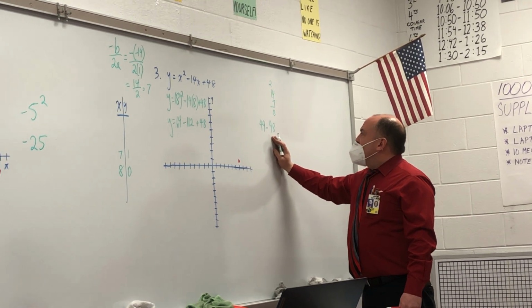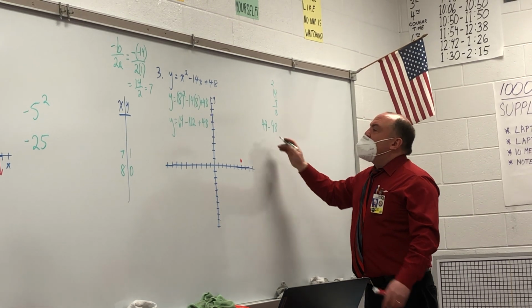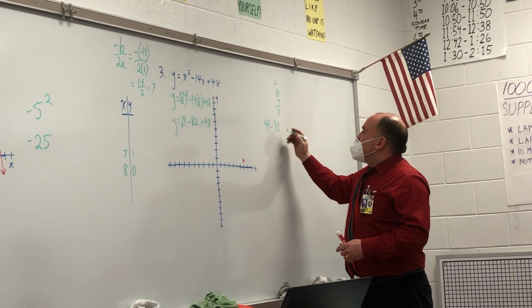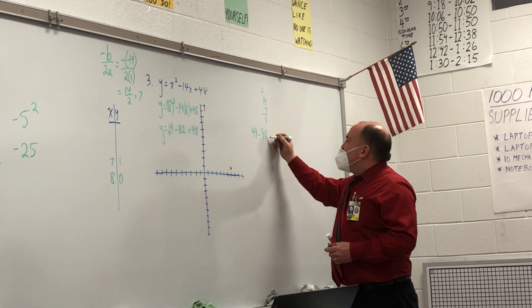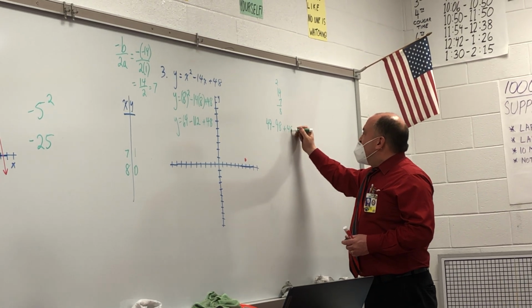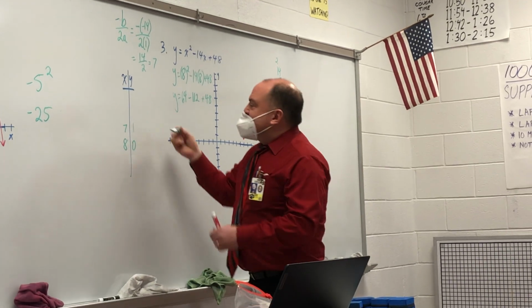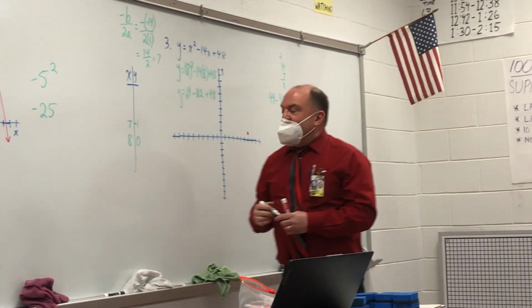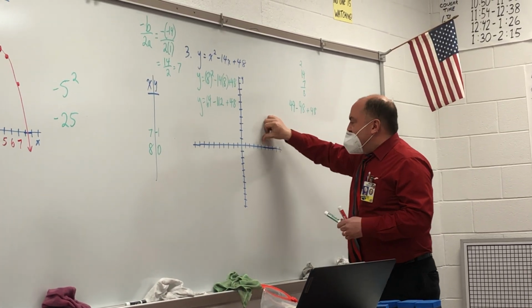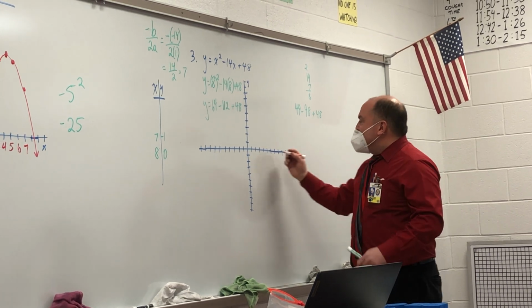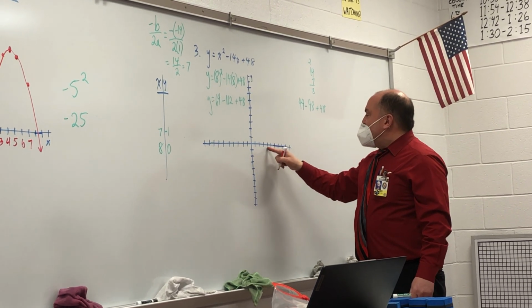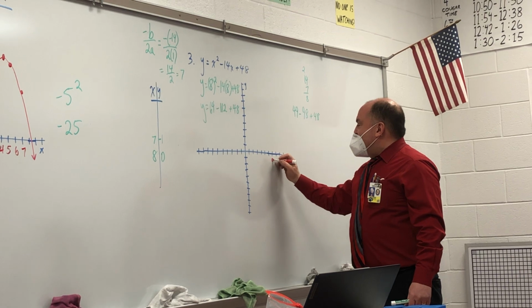Oh, there we go. Sorry. So negative 49 plus 48 is negative 1. I apologize. 7 takes me to negative 1. I'm sorry, I messed that up. 7, 1, 2, 3, 4, 5, 6, 7, negative 1.